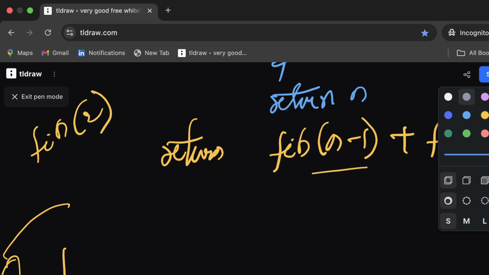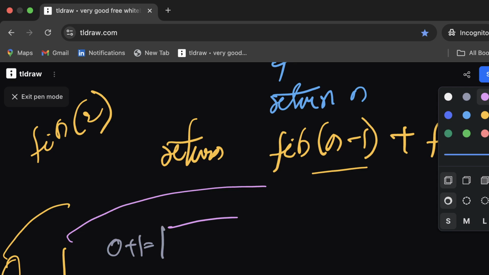So when we do 0 plus 1, this is equal to 1. Now the third term is going to be the sum of the previous two, so it is going to be 1 plus 1, which is 2, right? So this is how the Fibonacci series is getting generated, right?